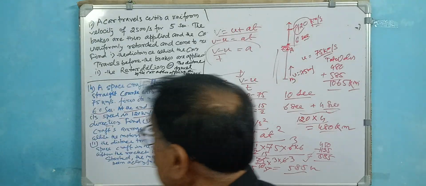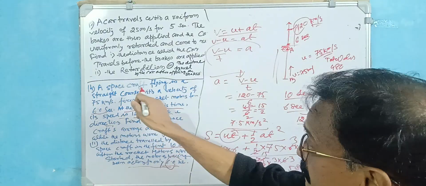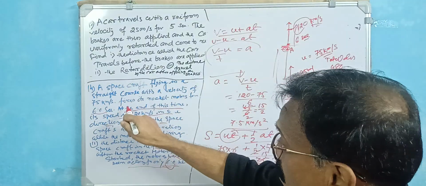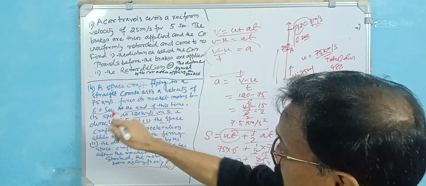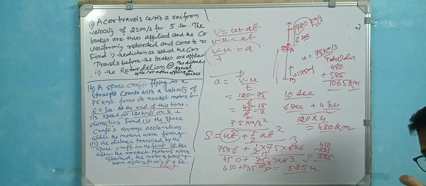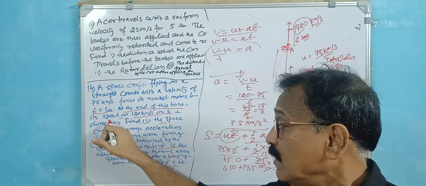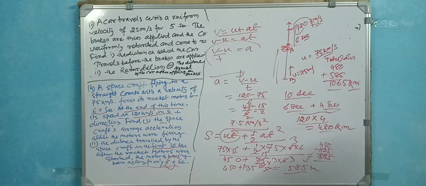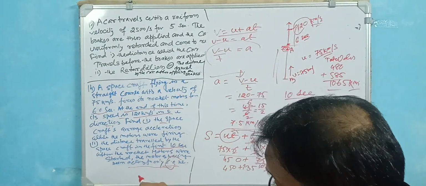First, you calculate: a spacecraft is flying in a straight course with the velocity of this kilometer per hour. It fired its rocket motor for 6 seconds. At the end of this time, the speed is this kilometer per hour. Here is the very important thing.